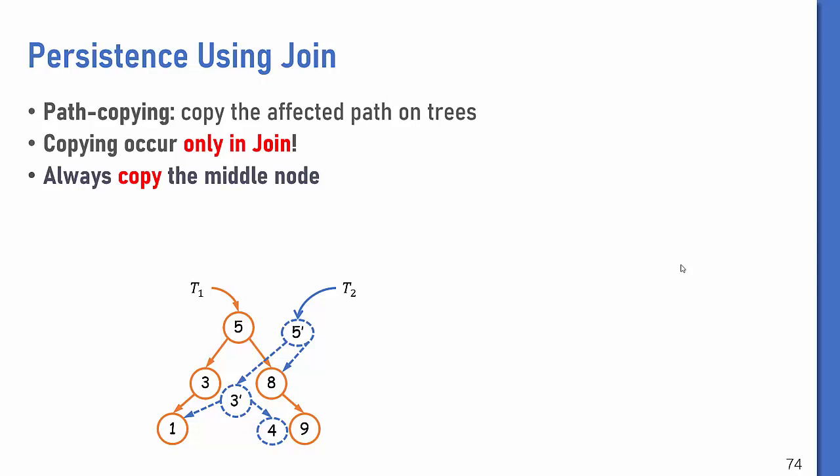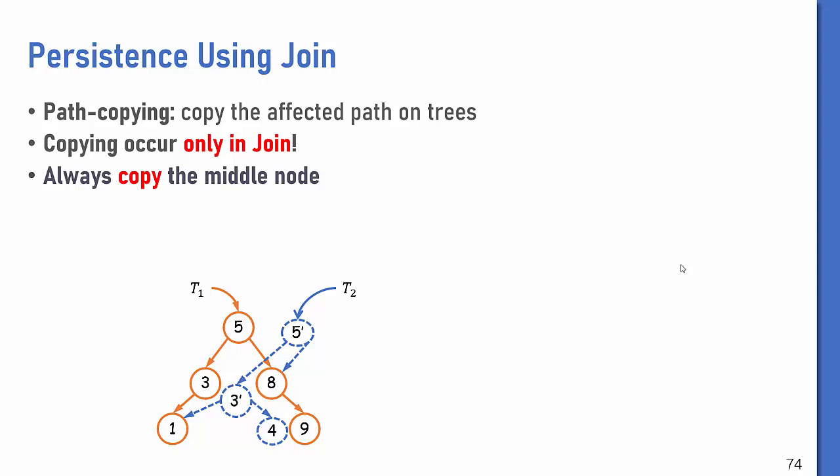As we can see, to make the algorithm persistent, we only need to do copying in the join algorithm. Actually, not only insertion, all the other join-based algorithms can be made persistent in this way, just by re-implementing the join algorithm to copy some nodes when necessary, and the other parts in the algorithm still stay unchanged.